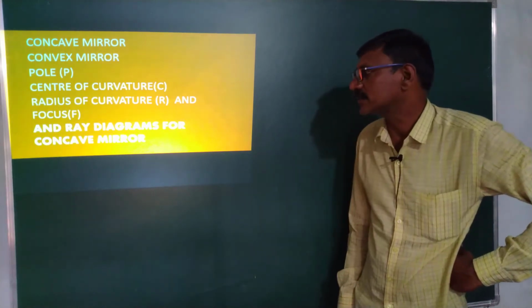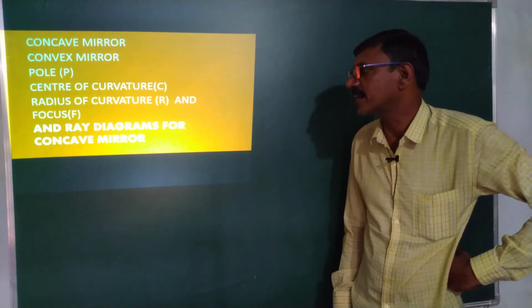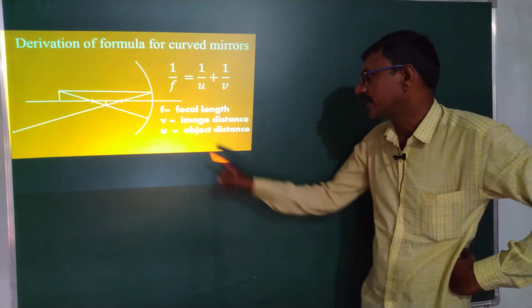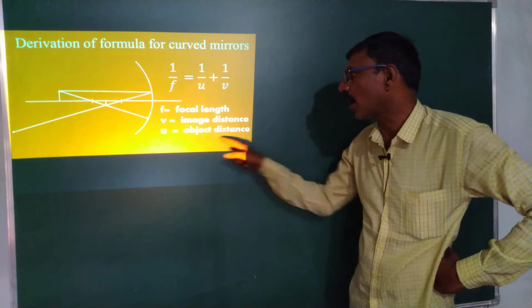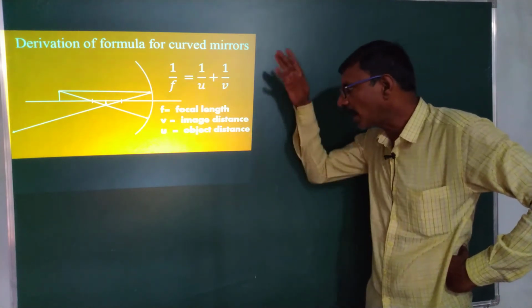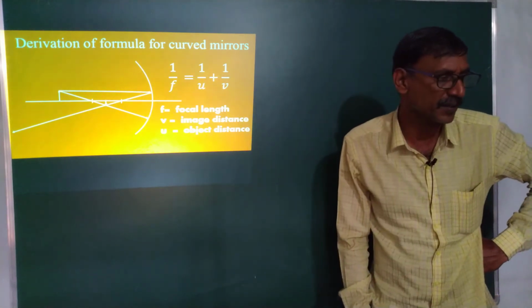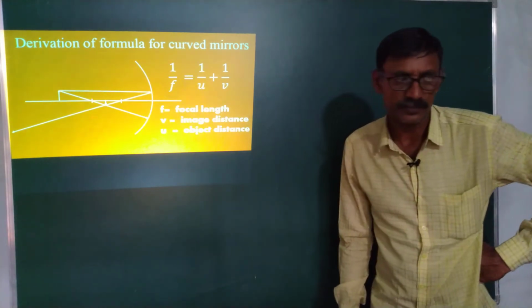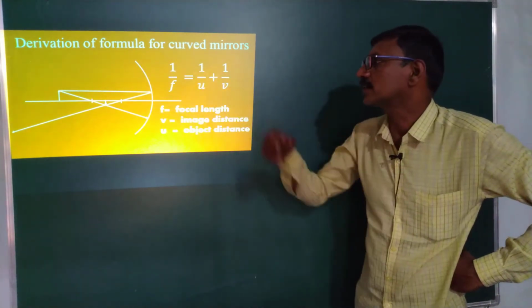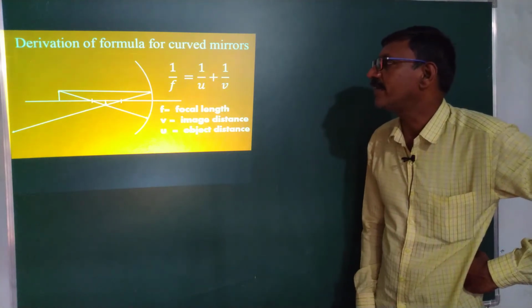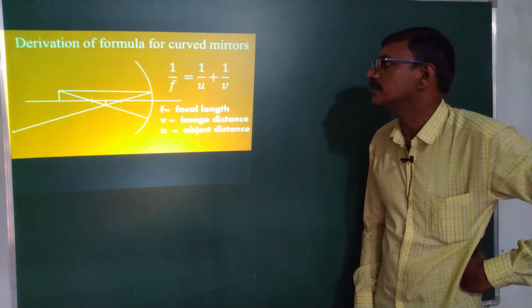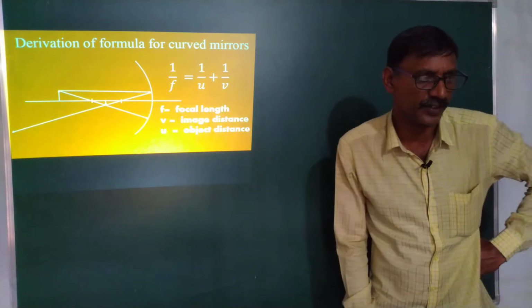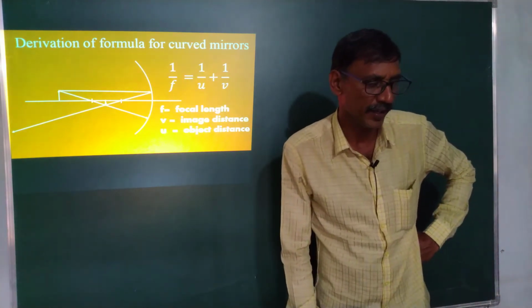In this class, we discuss focus, image distance and object distance, and we have to find a relation between f, v and u. That is also called the derivation of the formula for curved mirrors: 1 by f is equal to 1 by u plus 1 by v.